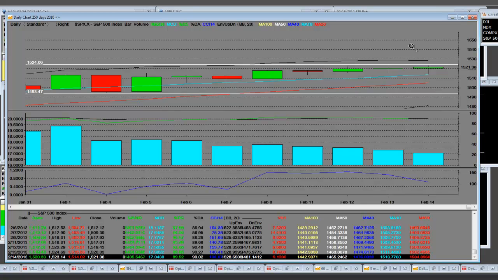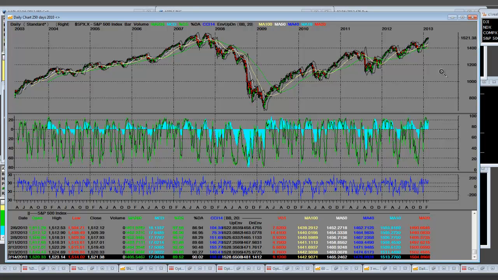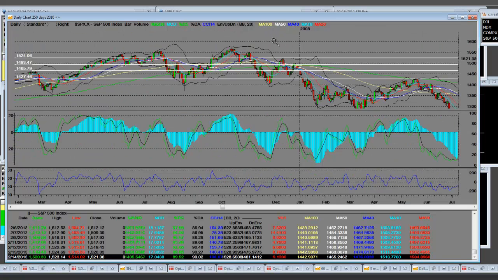Yes, it is technically and mathematically the 13th year right here from the original bear of 2000, mathematically is broken right now. And we're right back up to these highs over here back in 2007. And we're right here at 1521.38.